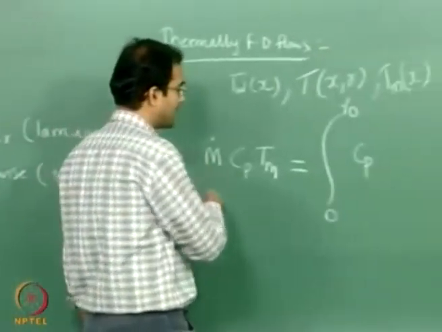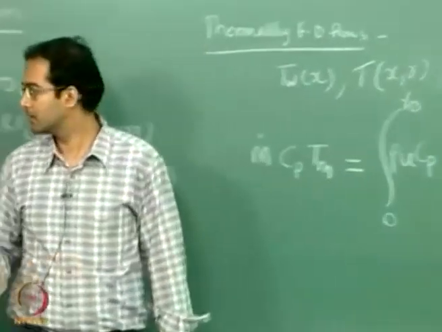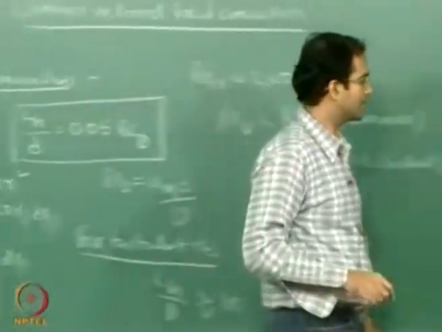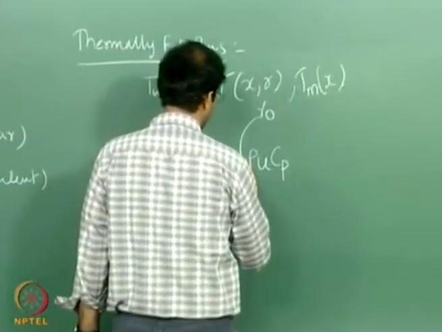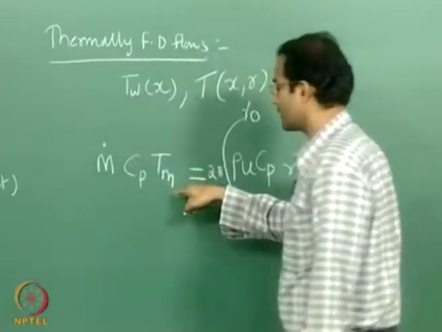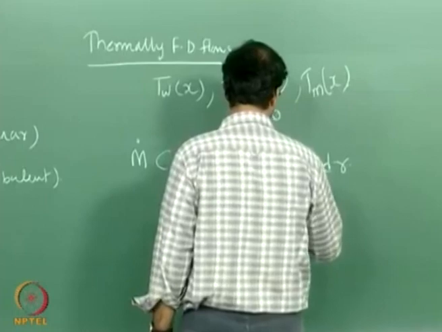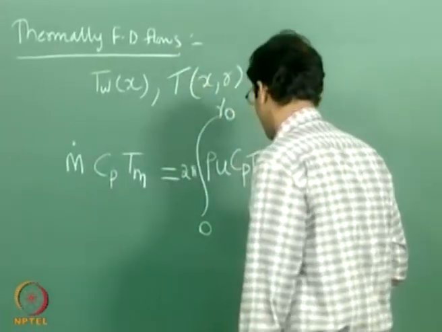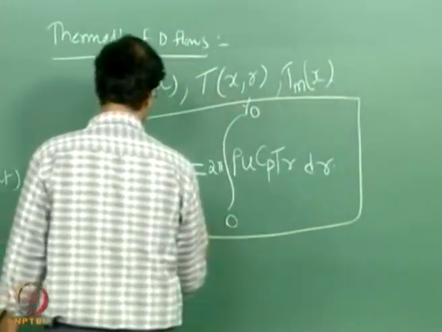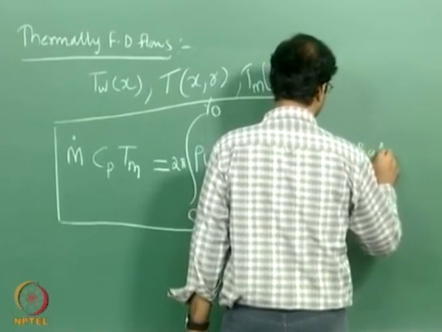So my m dot there will be rho u into dA, which is your 2 pi r dr. And of course you have your temperature into the enthalpy, so this will be T into r dr. So this is the balance of enthalpy, so this is satisfying enthalpy conservation.